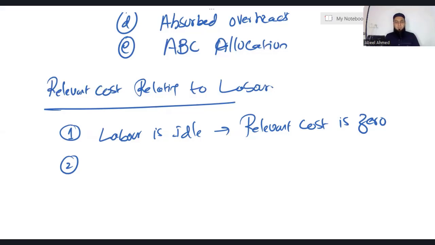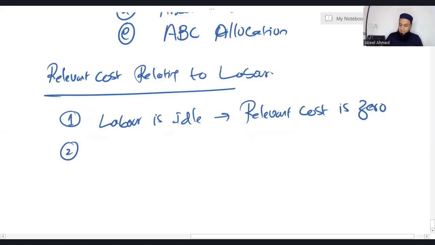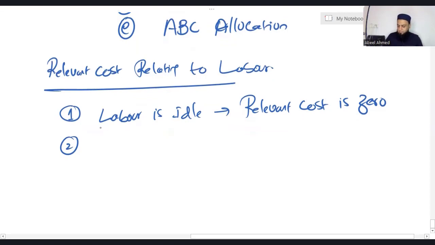Opting the new project means you will be sending your existing labor, who is at full capacity, to work on the new project, and there will be a contribution loss on the existing project. In that case, what will be the labor cost?